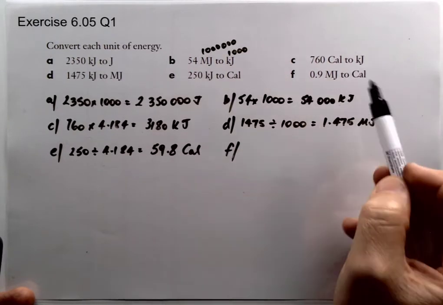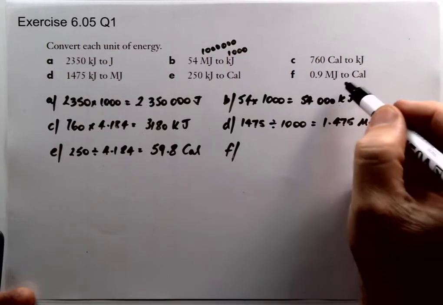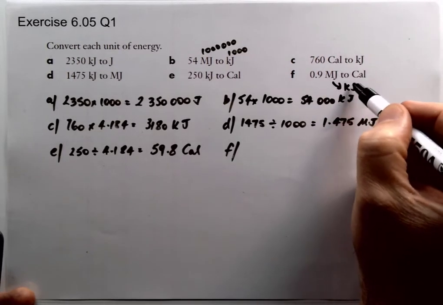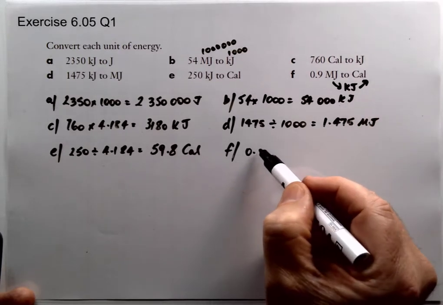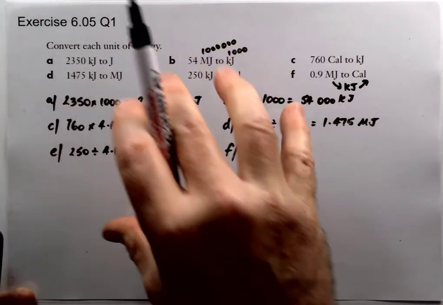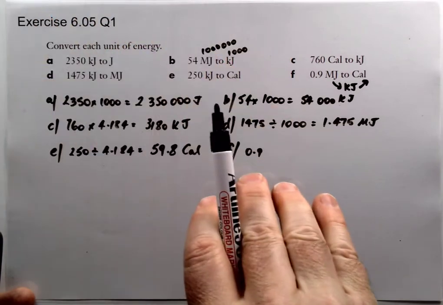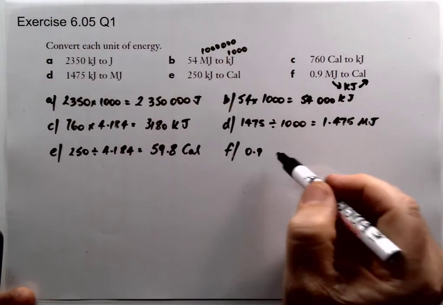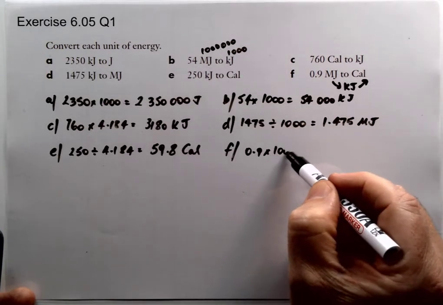And the last one, again we're going megajoules to calories, so we're going to go from megajoules to kilojoules and then to calories. Okay, so from megajoules to kilojoules, we're going from a million to 1,000 joules. So if the unit's getting smaller, the number has to get bigger. So we're going to multiply by, and again it's that factor of 1,000 there.